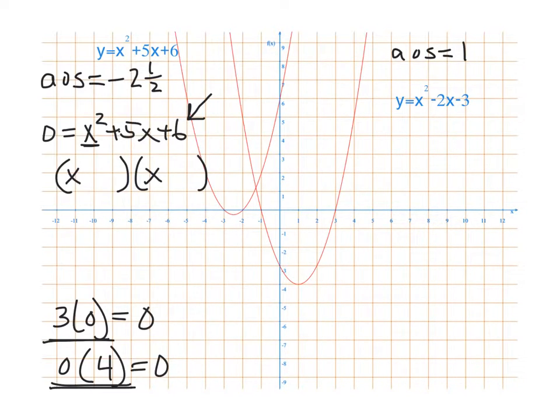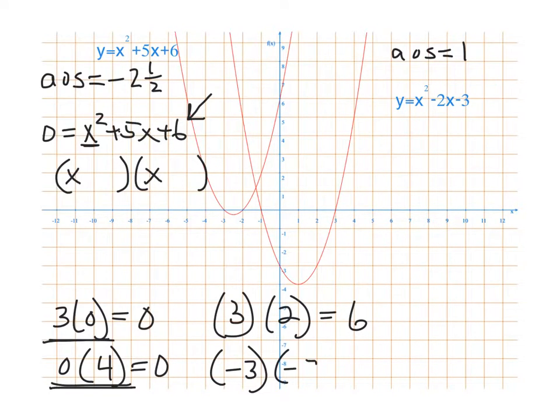So when we think about a positive product, we should always recognize that the signs of the two factors have to be the same. Because if we had a positive 3 times a positive 2, we're going to get a positive 6. We would get a positive 6 as well if we had a negative 3 times a negative 2.